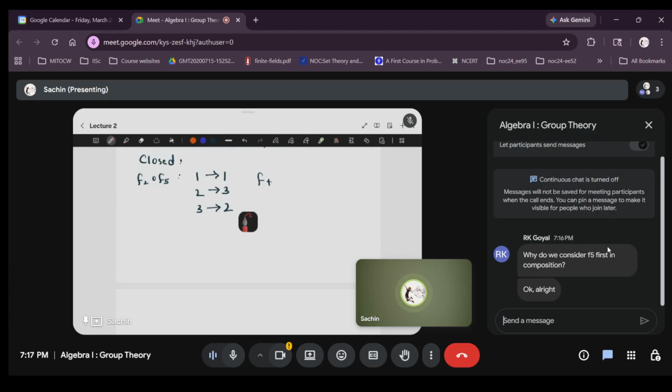So now this composition of functions is closed. Of course, I have done one example, but we already saw that composition of two one-to-one functions is one-to-one, and composition of two onto functions is onto. So composition of two one-to-one and onto functions will also be one-to-one and onto. So it is also a bijection.